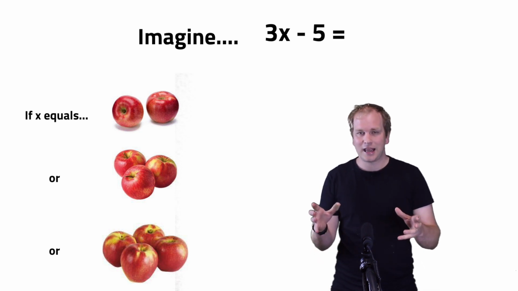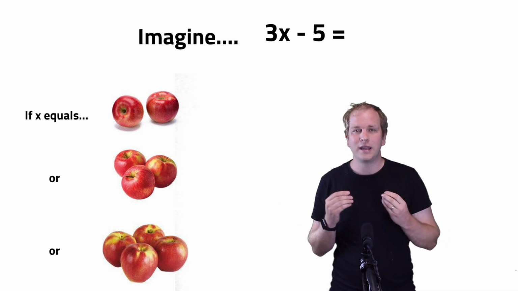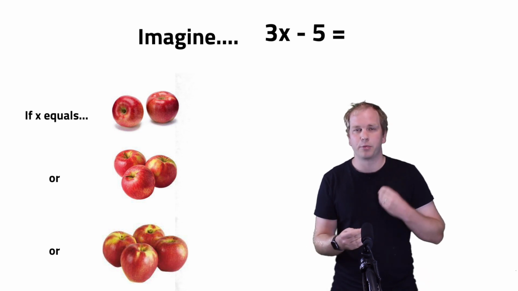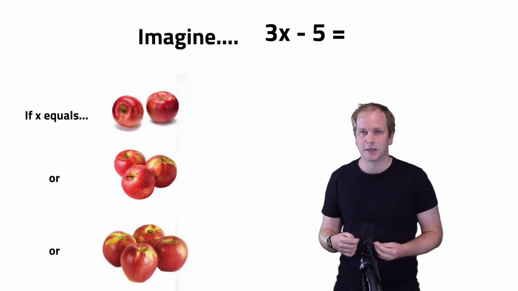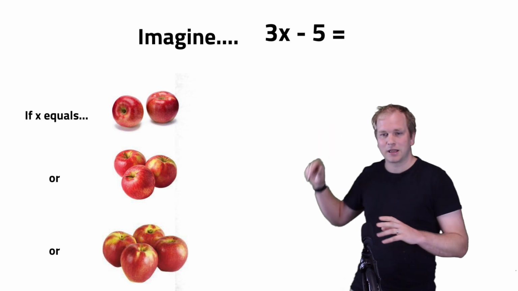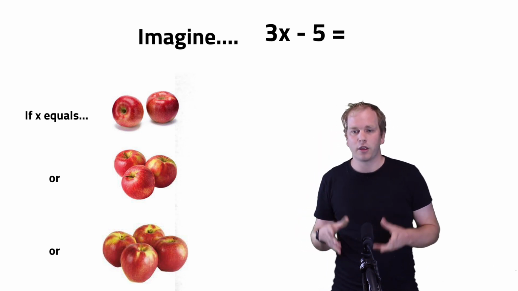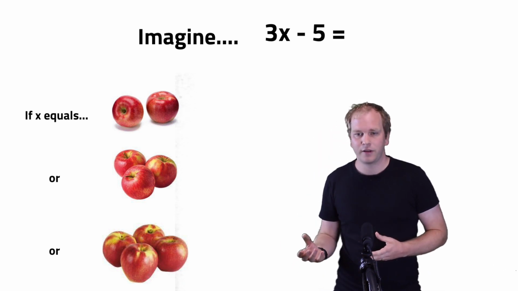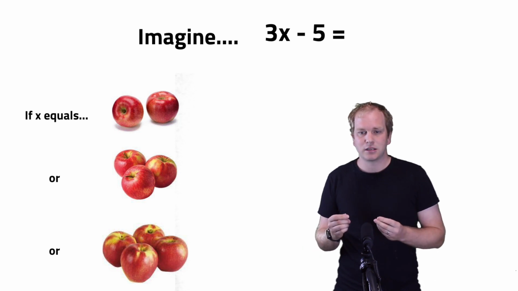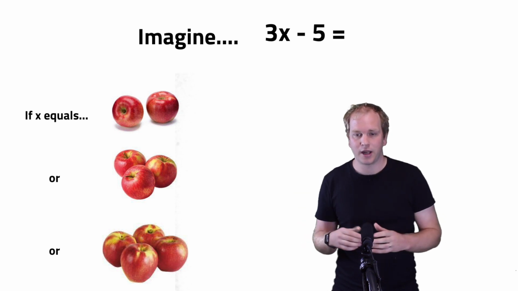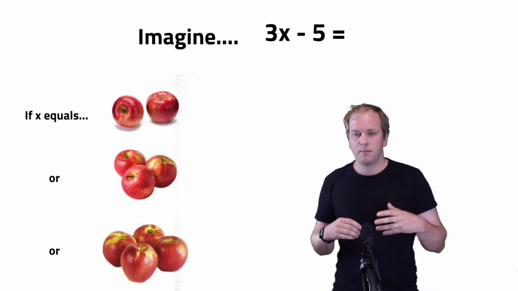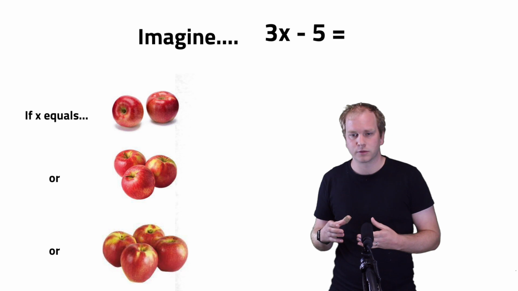So let's consider how even something like algebra, we can support that understanding by bringing in trusting the count and subitizing. So here on the slide above me, you can see it says, imagine I've got 3x, take 5, but instead of just talking about it being 3 times this unknown number, we can say, imagine if x was 2 apples.